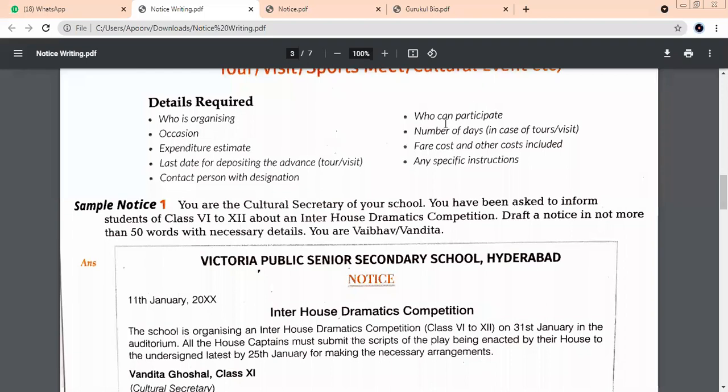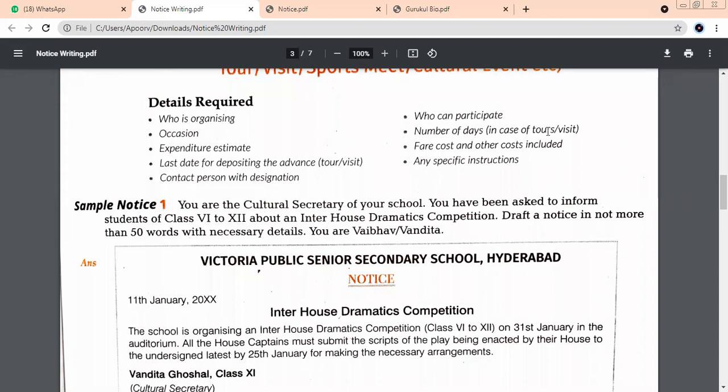Who can participate? Class 6 to 12 students. All the details are clearly mentioned. Very good. What is the occasion? Ma'am, inter-house dramatics. Inter-house dramatics competition. Very good. It's an inter-house dramatics competition.